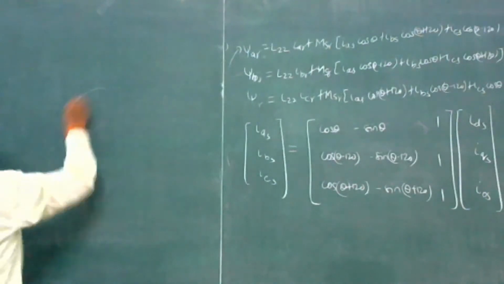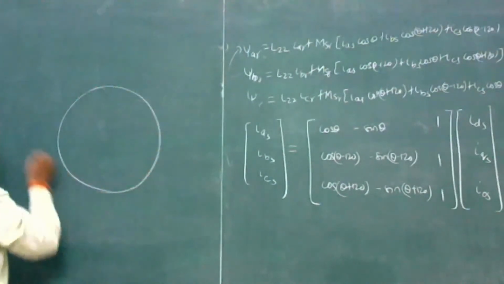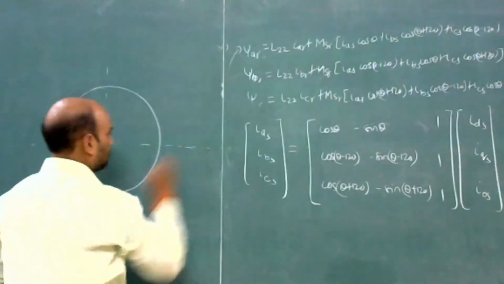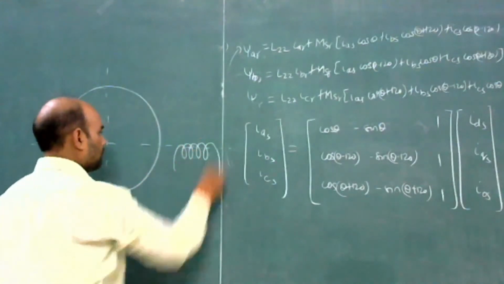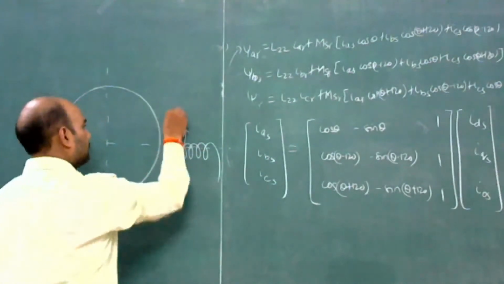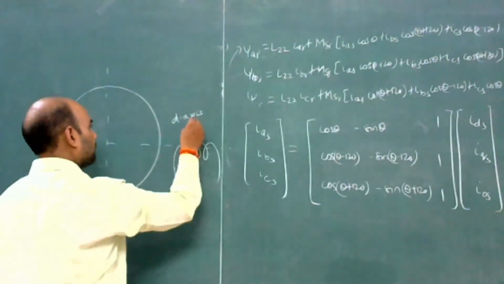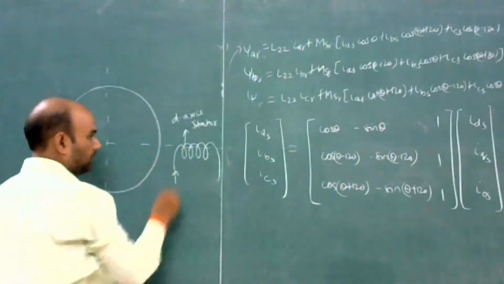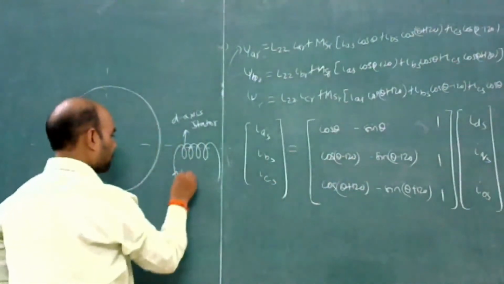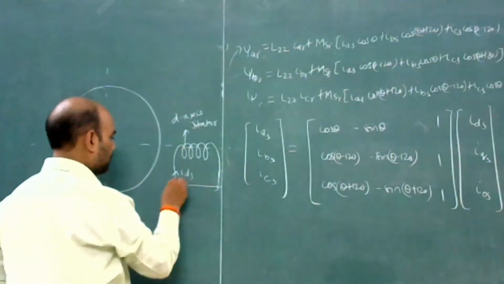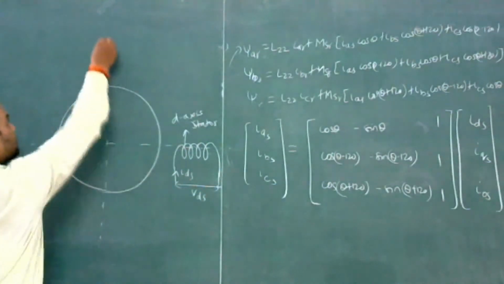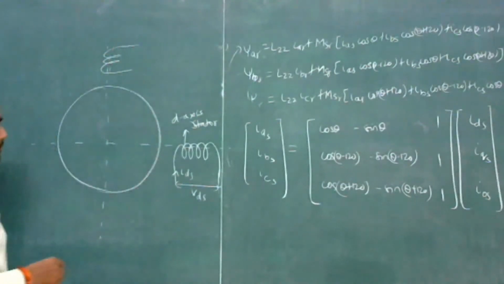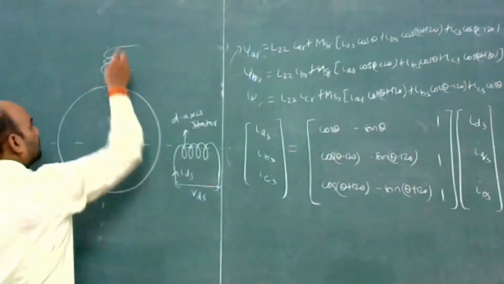Yesterday we have seen that this can be transformed into an imaginary two-phase machine. This is the D axis stator winding. Current flowing is IDS, and voltage across this is VDS. And this is the stationary axis or quasi-stationary axis.